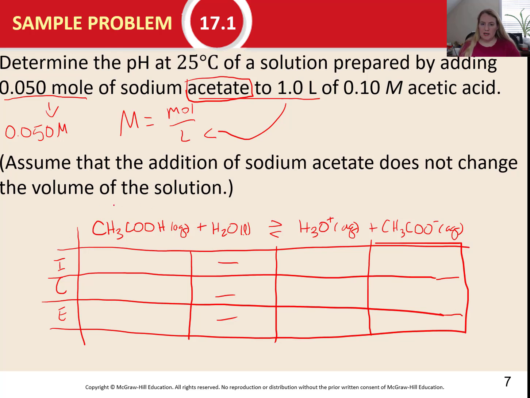So acetic acid, I'm starting with 0.1 molar, so 0.10 molar here. Again, we ignore water, it's pure liquid. And then hydronium here, we're starting with nothing. But the acetate is not starting with 0, it's starting with 0.050 molar.